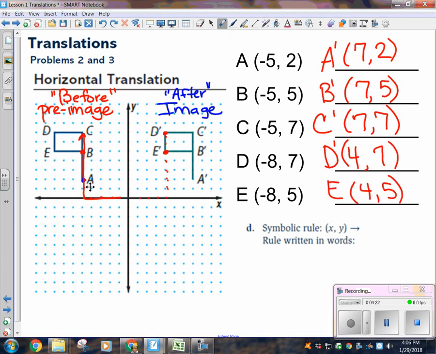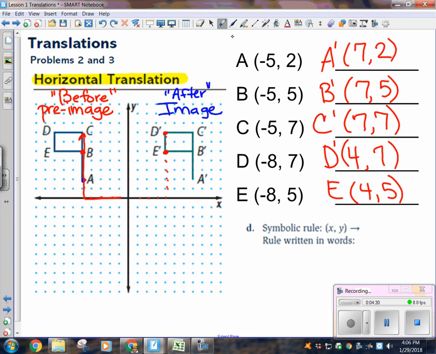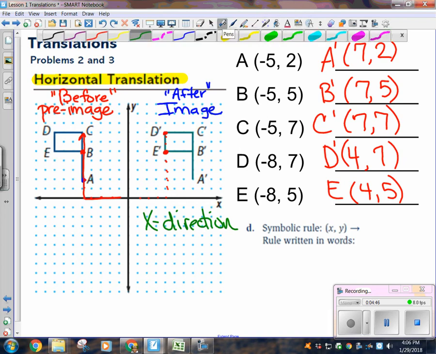What I'd like to do is see if I can get you to help me figure out a pattern. We have done what they are describing as a horizontal translation. Horizontal translation is when you're sliding it across. Notice that we're sliding it in the X direction. Now, I want to point out something. Let's just look for patterns. I'd like to point out the Y's.